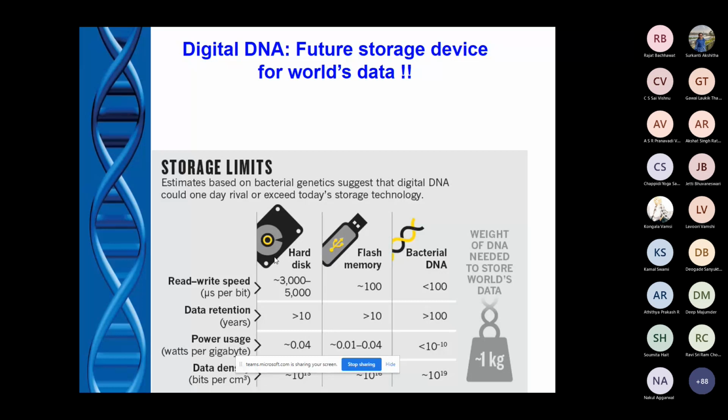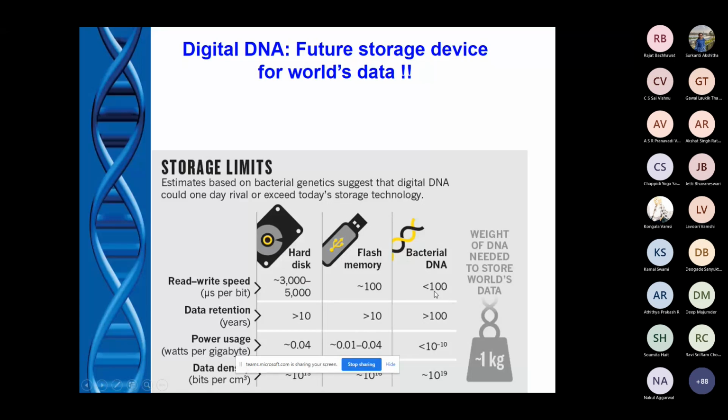In order to discuss that, I will point out some of the important things here. This one is a hard disk, as you can see, then flash memory like a flash drive, and this one is DNA. We just mentioned bacterial DNA here, but any DNA is fine. Now if you see, in case of DNA, most of the things are advantageous.